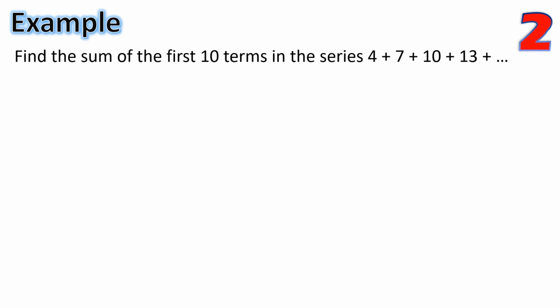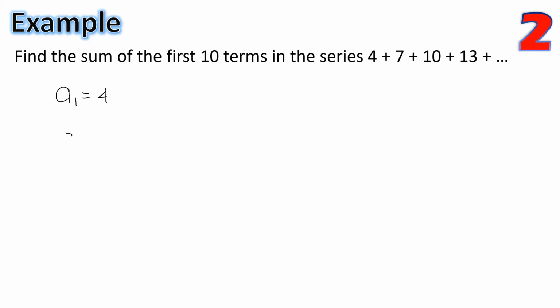Example number 2. Find the sum of the first 10 terms in the series 4 plus 7 plus 10 plus 13 plus ... In here, we are given the first term, a sub 1, that is equal to 4.